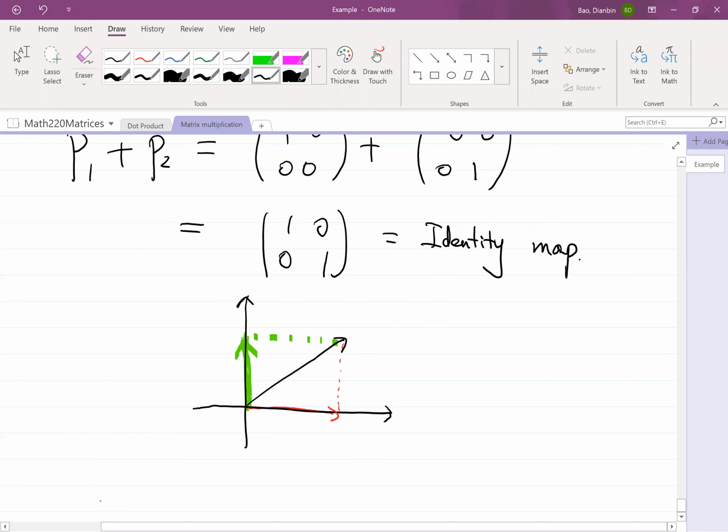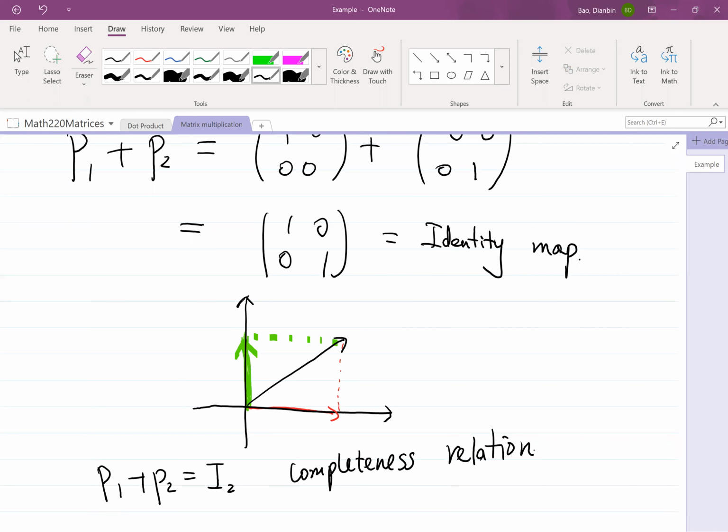So P1 plus P2 equals I2. Add all projections together, and you recover the original vector.